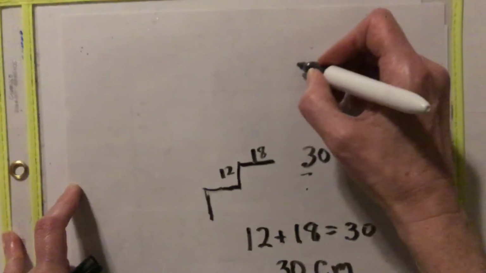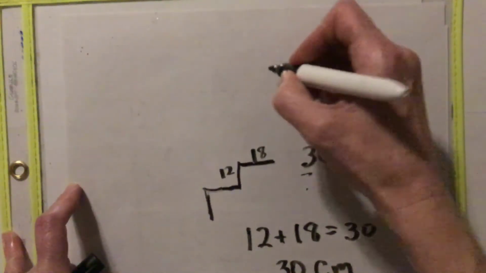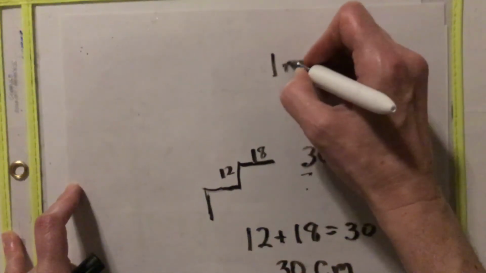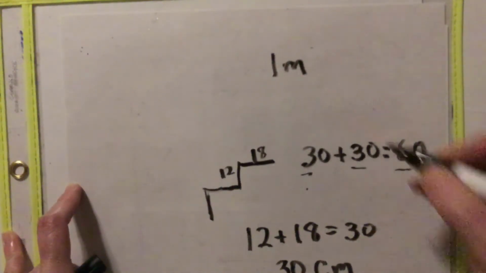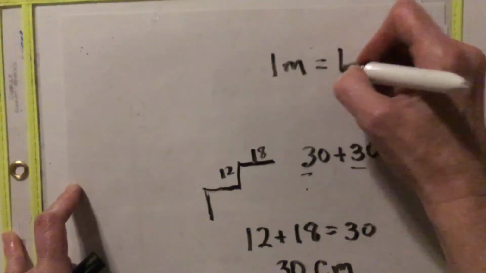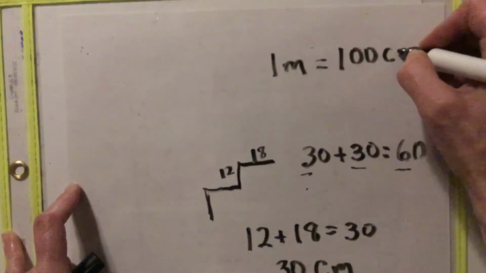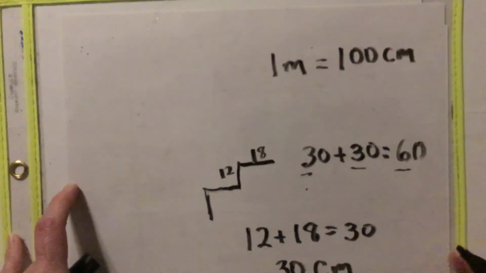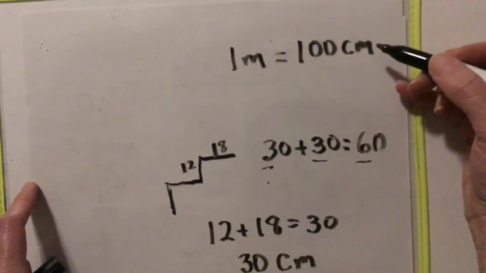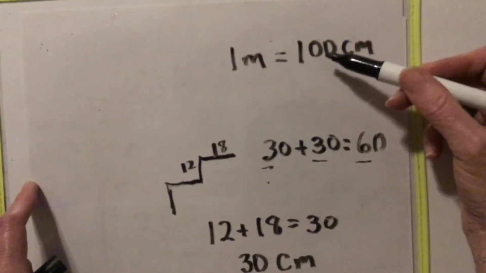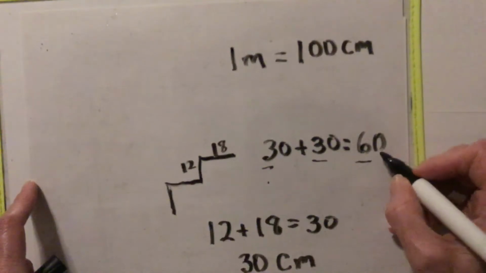And that's good news because the twinkle lights that I have are 1 meter long. And I know that 1 meter is 100 centimeters. So I know that I'm going to have a long enough twinkle light because 100 is more than 60.